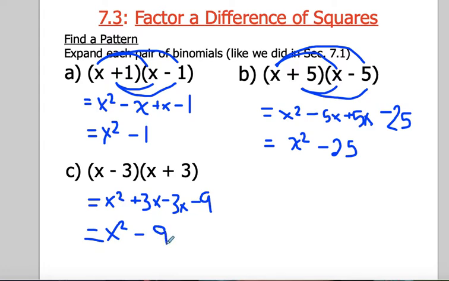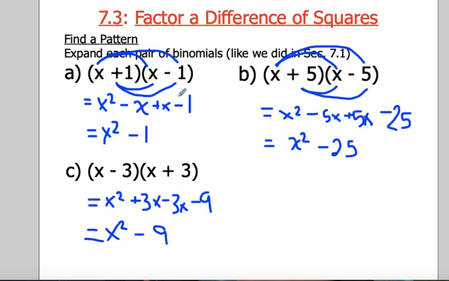have a negative 9. So there's a couple things that you're going to notice here: when you look at what we start with, we have the same x at the beginning, and we have a 1 as the second term. However, 1 is positive and 1 is negative.